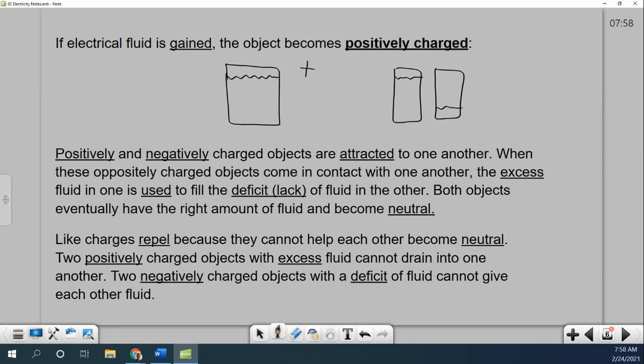They want to be neutral. And so they attract to each other because when I transfer fluid from one to the other, just like pouring water in a cup, I can get them both to equal. That's the amount that an object naturally wants to be at. That's kind of the way he phrased it. It's like their natural state. And so because of this natural state, that's why things attract to each other.